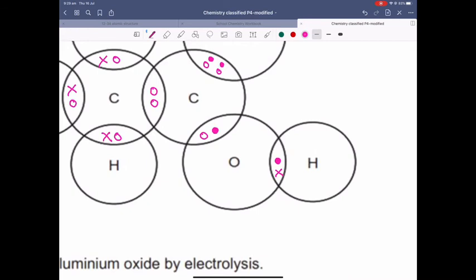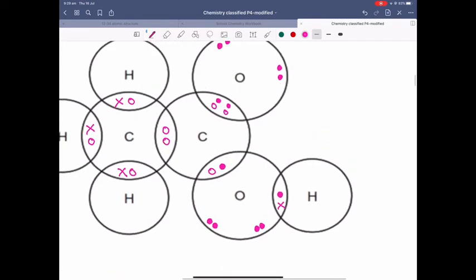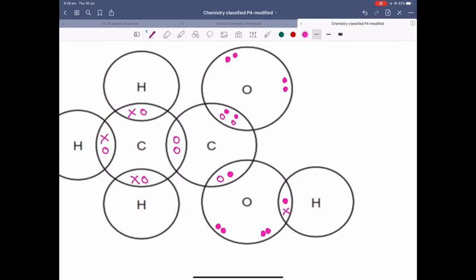And likewise, this oxygen, out of the 6 outer electrons, has used up 2, so it's got 4 left. 1, 2, 3, 4. Hydrogens obviously don't have any electrons left over.